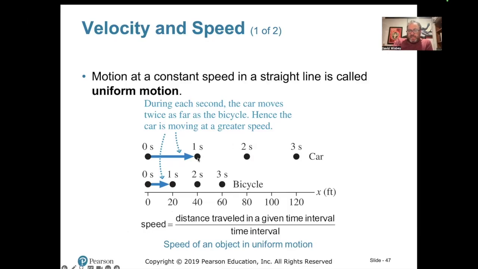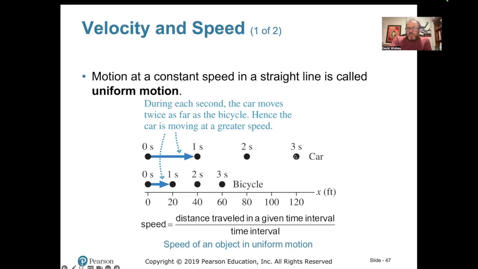So after 1 second, the car has traveled 40 feet and the bicycle has traveled 20. Okay. Then after another second, the car travels another 40 feet to a total displacement of 80. And then it again moves 40 feet after 3 seconds.